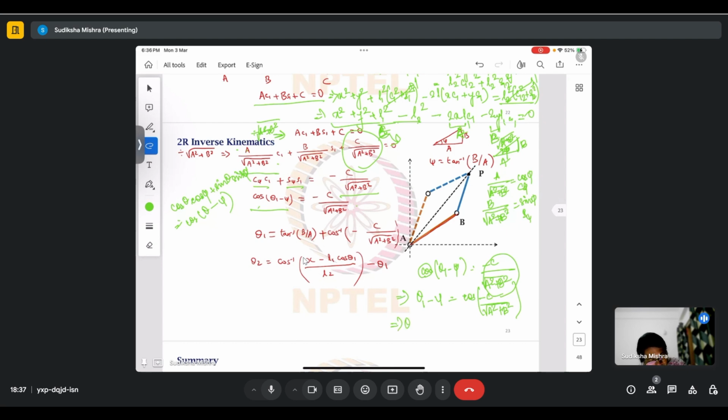Now remember psi was, tan psi is the opposite side by the adjacent side, which is B by A. So theta 1 is tan inverse B by A plus cos inverse of minus C by root over A square plus B square.